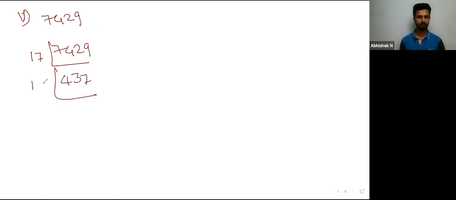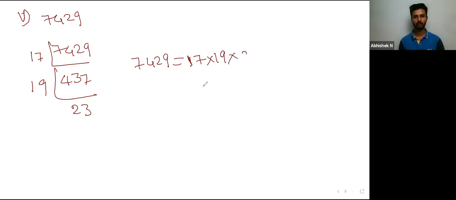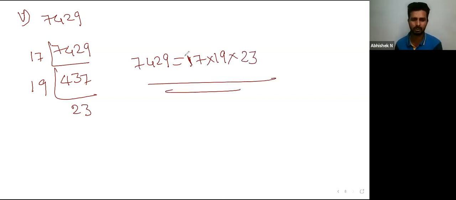So again, one more prime number, 19. You get 23. So this 7429 can be expressed as 17 into 19 into 23. Just observe here, all these three are prime numbers. Got it? This is what I meant.